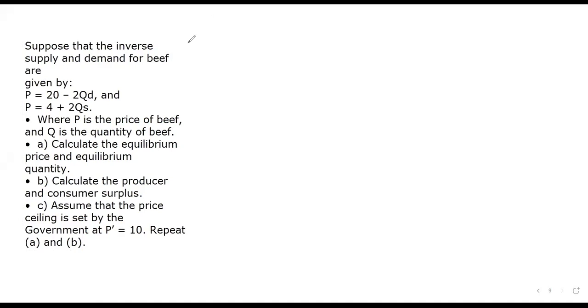Okay, so you equate those two equations, the supply function and the demand function, and then you substitute. The one with the negative gradient is the demand, and the one with the positive gradient is the supply. So let's equate. How do we equate?